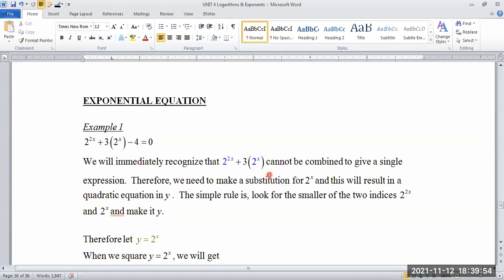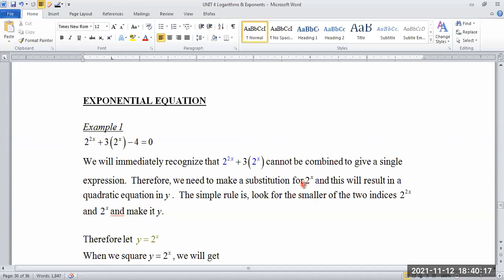They never spoke about anything with addition and subtraction. So we can't use any of those laws with an addition sign or a subtraction sign. It can only be done when you have a division sign or a multiplication sign. Always remember that. So I can't find a single expression to combine this.